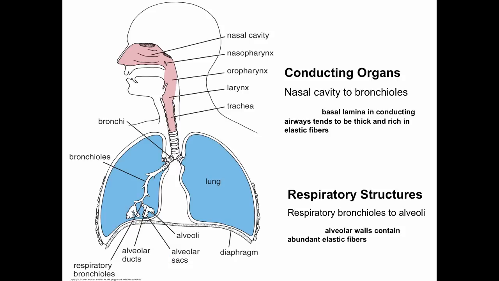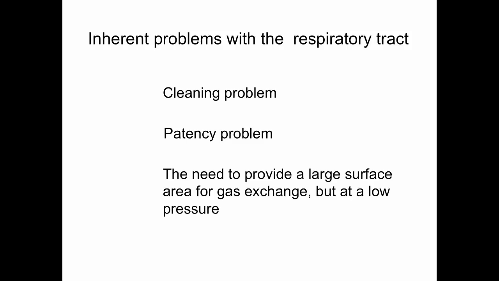You might imagine that elastic fibers are going to be abundant in many regions of the respiratory tract because as there's inhalation and expiration, these organs have to expand and contract, and a major function of the elastic fibers is to provide that elasticity for these organs to function during inhalation and expiration.